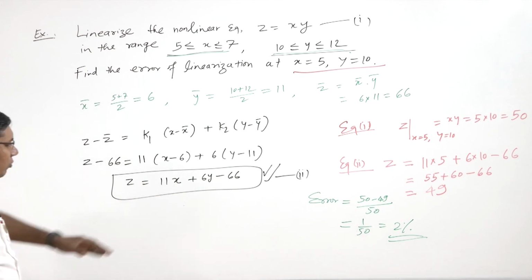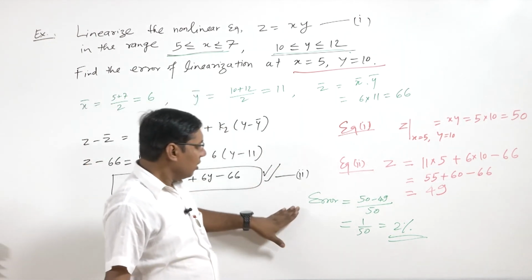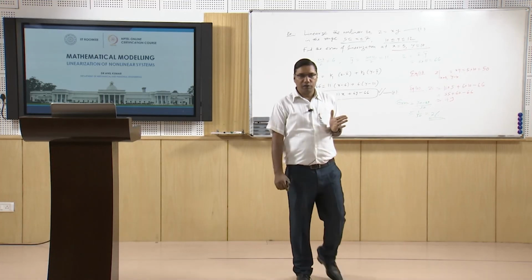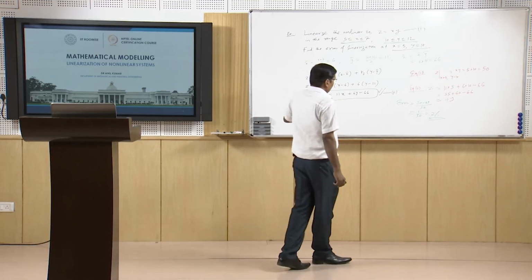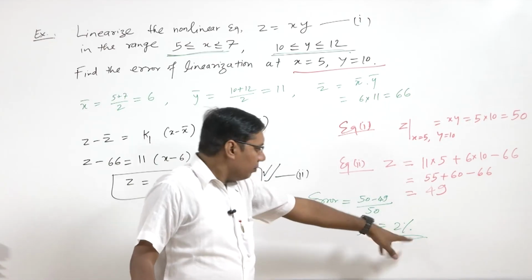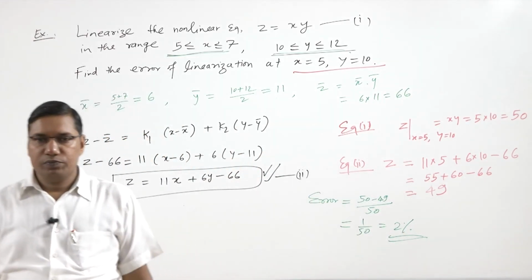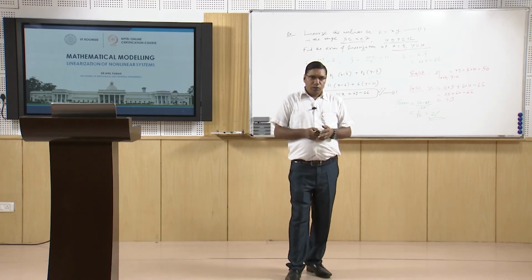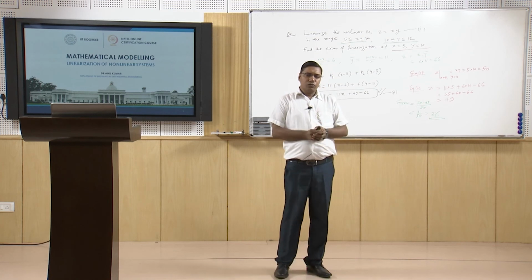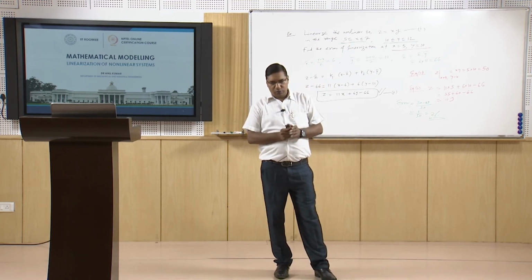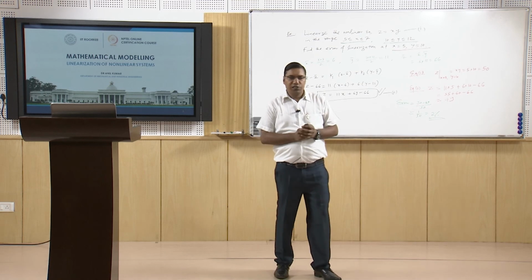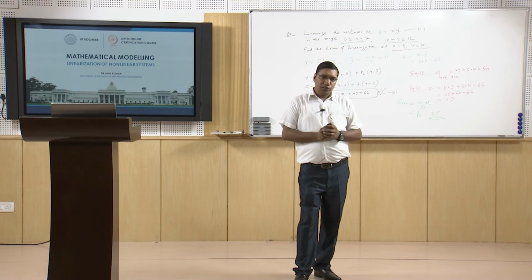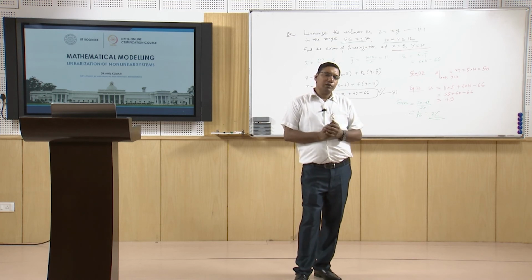So, we can see that when we are linearizing at the lowest point, the extreme point of the range, we are getting a maximum error of 2%. Here we learned how to linearize a nonlinear system when the operating range is close to some equilibrium point.